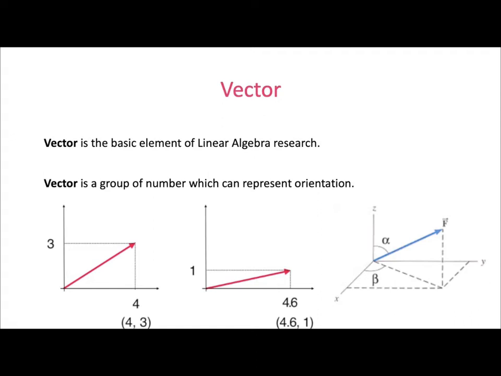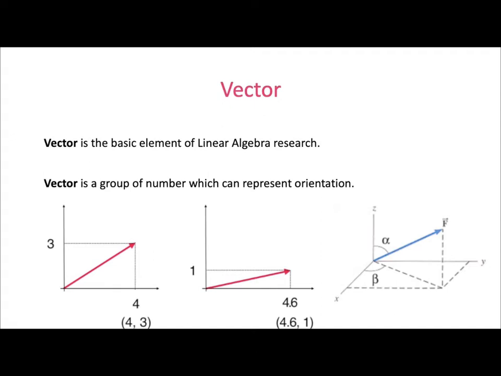As you can imagine, I can draw a two-dimensional coordinate axis for this process. For the first process, I walked 4 kilometers in the direction of x and 3 kilometers in the direction of y. And for the second process, I walked 4.6 kilometers in the direction of x and 1 kilometer in the direction of y.